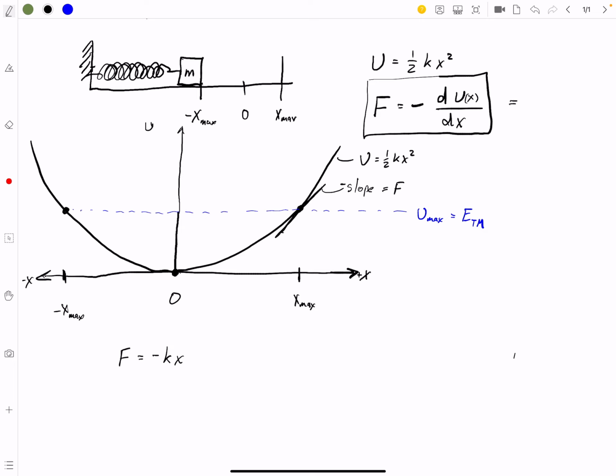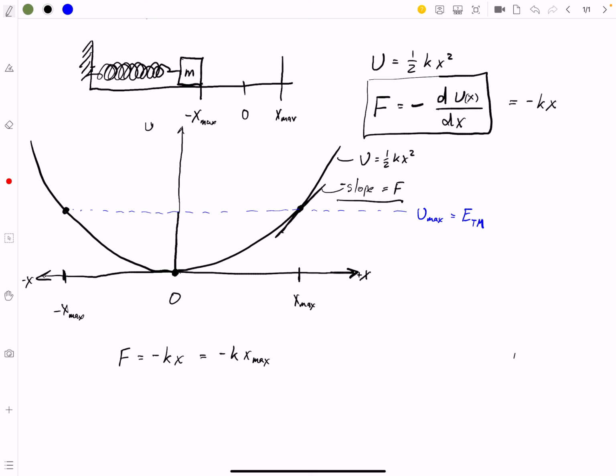Because the derivative is 2 over 2 times k times x to the 1 leaves us with minus kx. So F equals minus kx, our force is equal to minus kx max. Okay, so that's what this slope equals at x max.